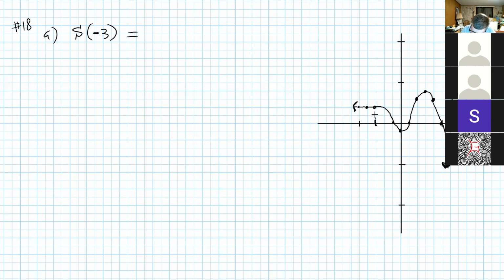So if we go up here, what is the output? No, that's the input. What are the coordinates of that point?